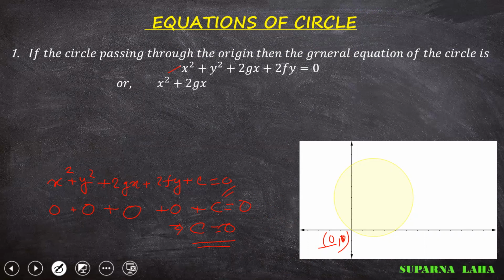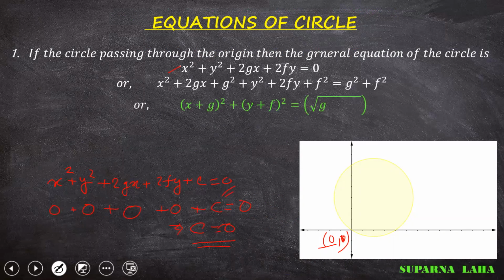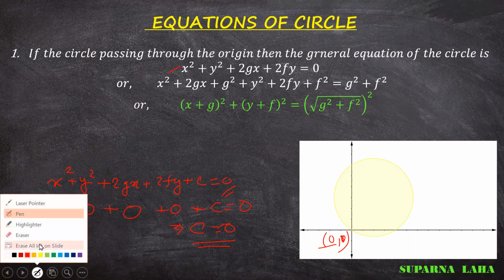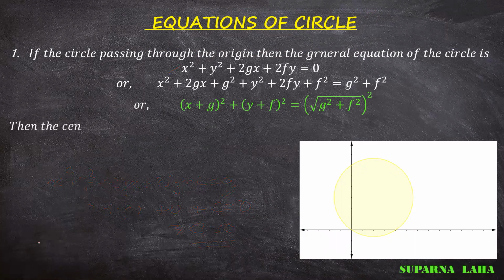So let us find its radius and center from here. (x + g)² + (y + f)² = g² + f². So from here you can easily write down the center of the circle, which is (−g, −f), and the radius is √(g² + f²) units.